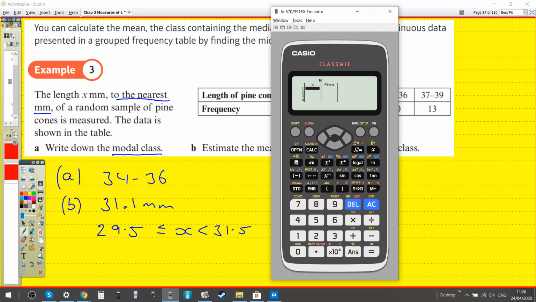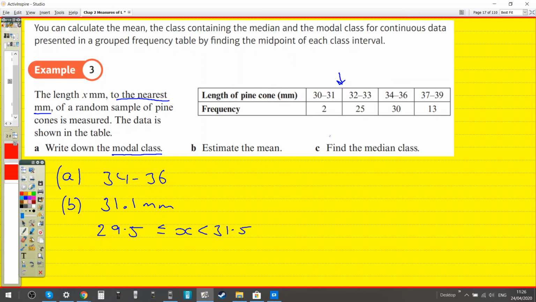So I do my thing. 29.5 plus 31.5 close bracket divided by 2. So 30.5. So okay, maybe that'll be the same for the mean. All right, well, so let's estimate the mean. Then put that in your calculator. See what you get for the estimated mean.